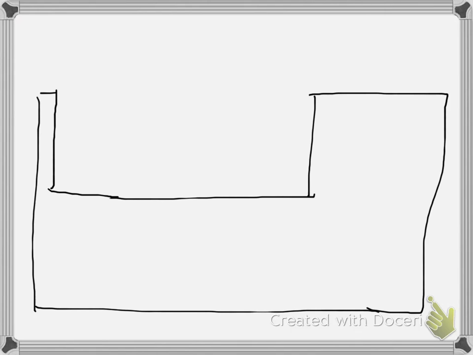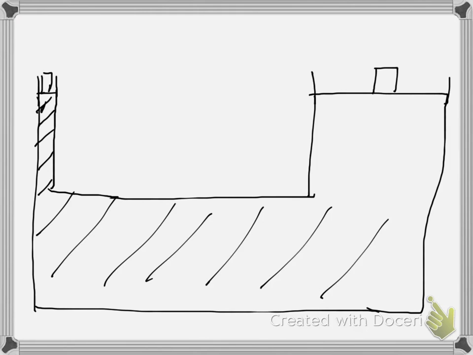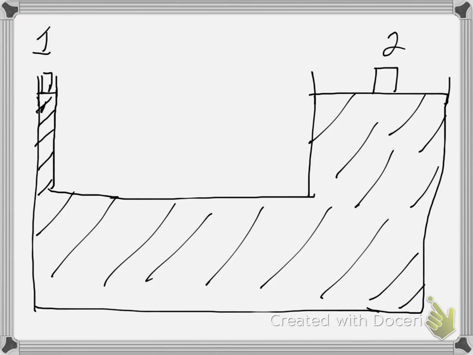These sides here have pistons on them that I can move up and down, and everywhere in here is a fluid. Now we'll call this piston 1 and this piston 2, and what happens if I push down on this piston over here?